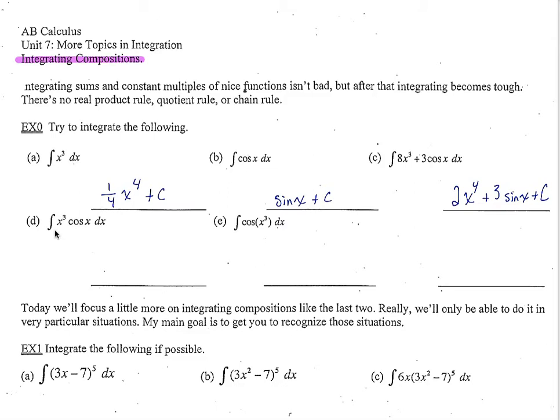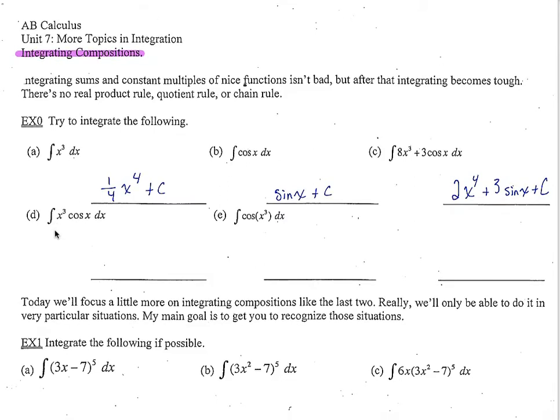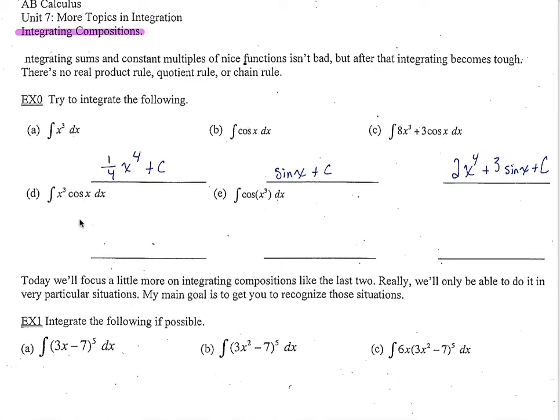Now here, D, things get a little bit trickier. Well, let's work with the cosine x. So the antiderivative of cosine x is going to be sine x, and then the antiderivative of x to the 3rd, that would be x to the 4th, and to get the coefficient right, we'd put the 1/4.